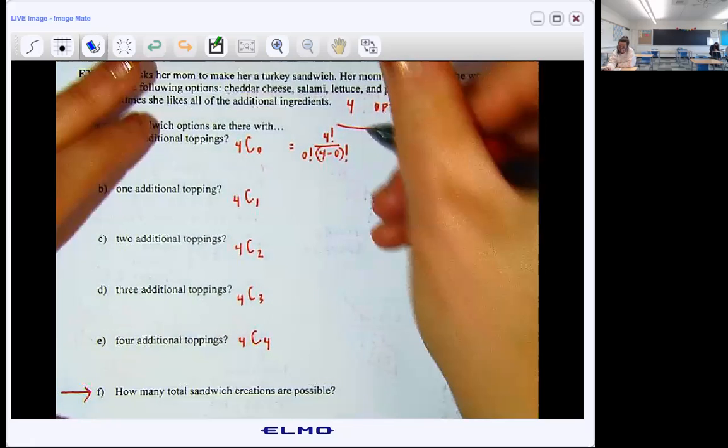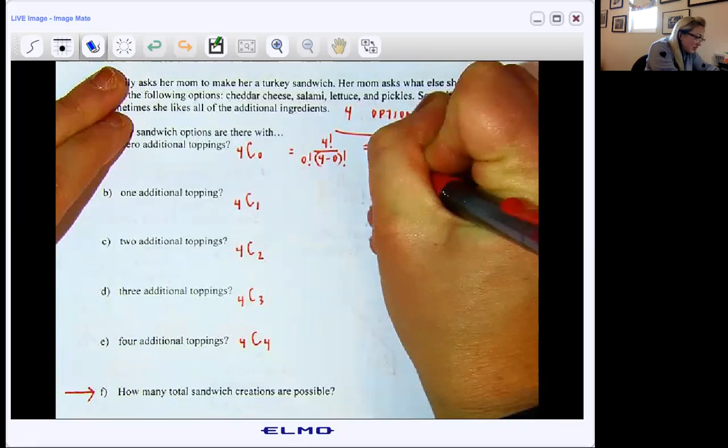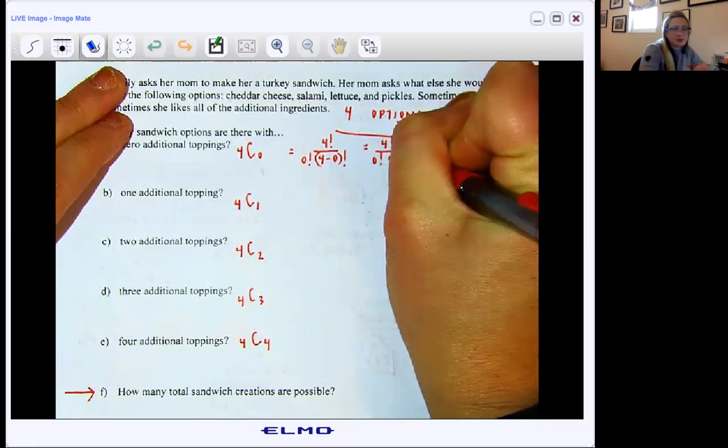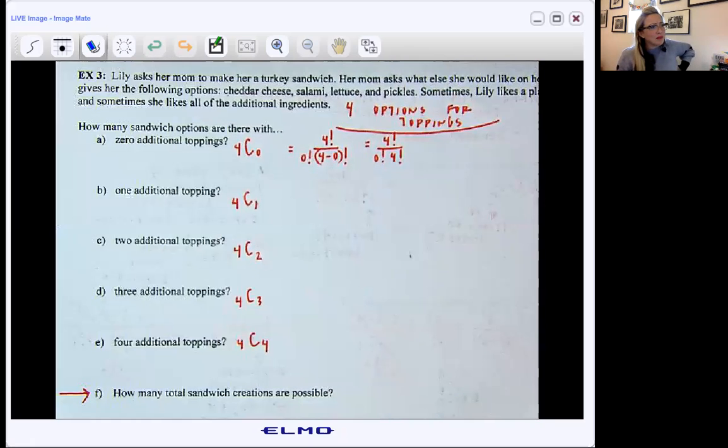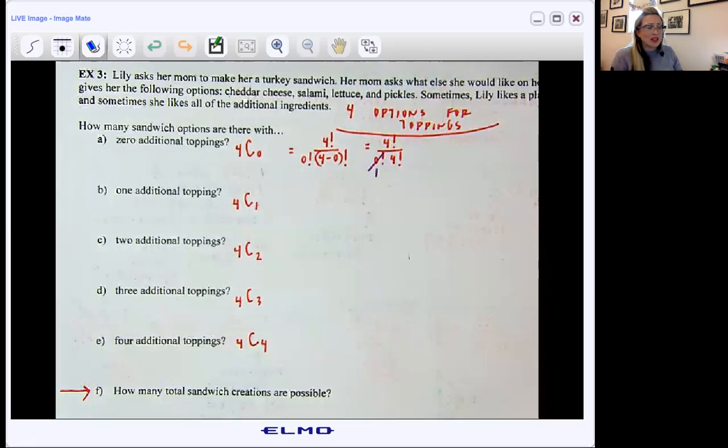So it ends up looking like 4 factorial over 0 factorial times 4 factorial. The numbers on the bottom, can you see how when you add them together, they make up what's on top, right? So 0, 4, I have 4 on the top, right?